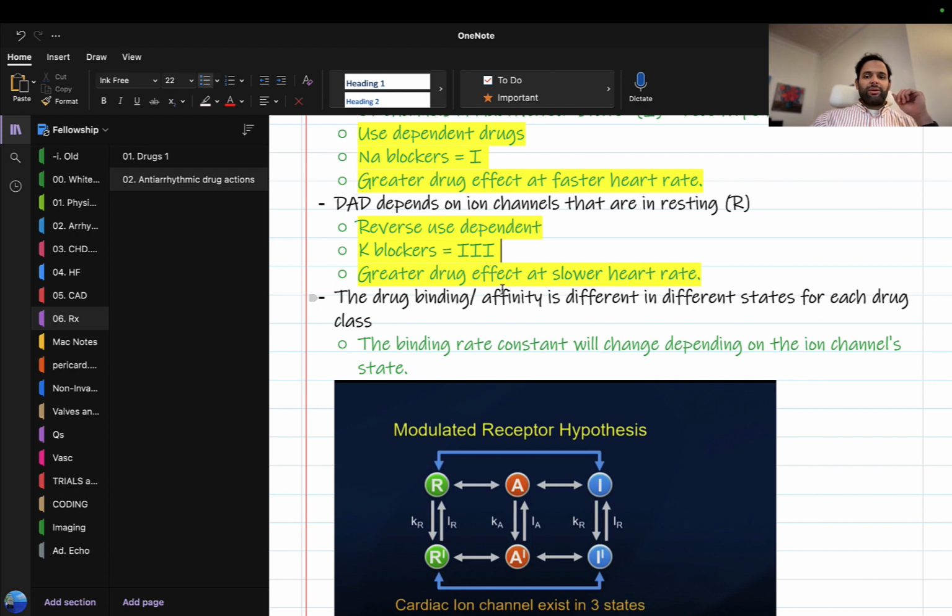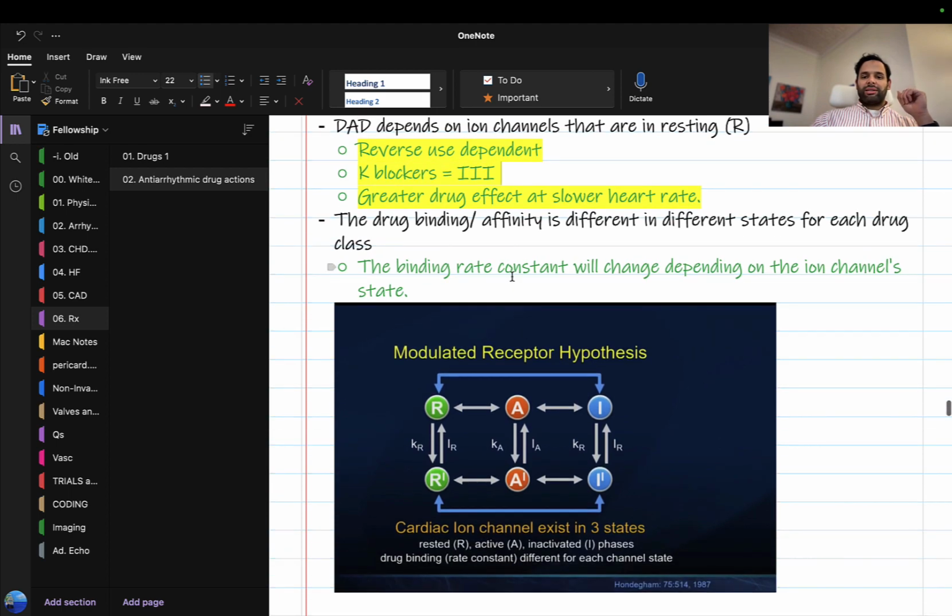The drug binding or affinity is different in the different states for each drug class. And the binding rate constant for each class, and each drug will have a binding rate constant, which will change depending on the ion channel state, right?